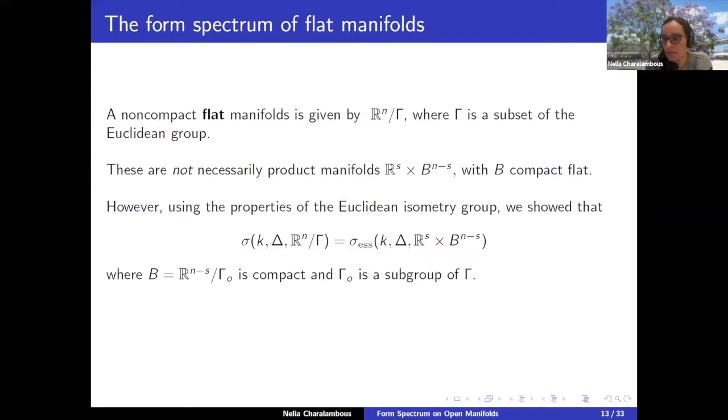And this B is a quotient of Euclidean space by a subgroup of gamma. The original group gamma essentially reflects the structure of the manifold at infinity. So we avoid all subgroups of gamma that just describe how things are going on in small scale and look at really what happens at infinity.